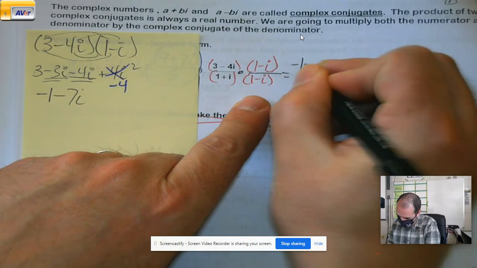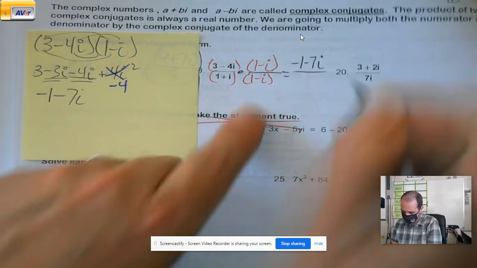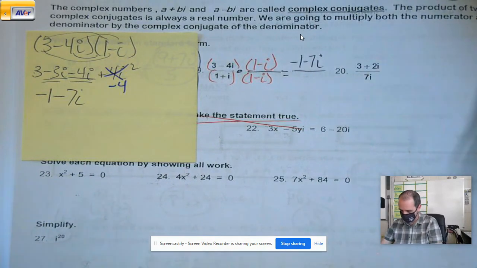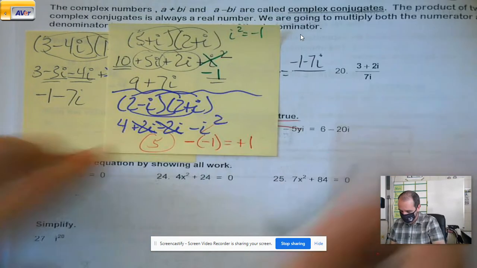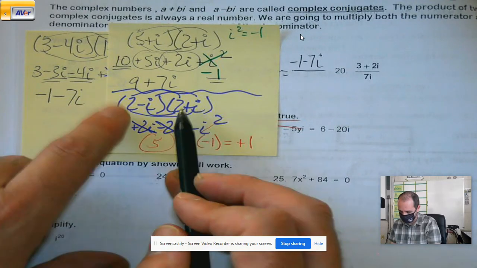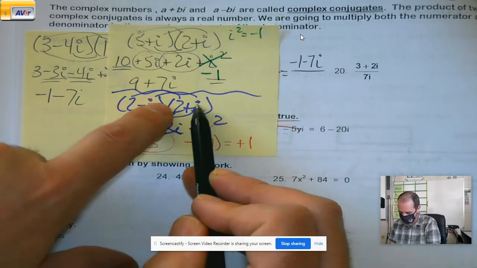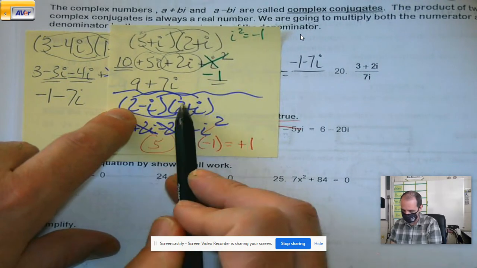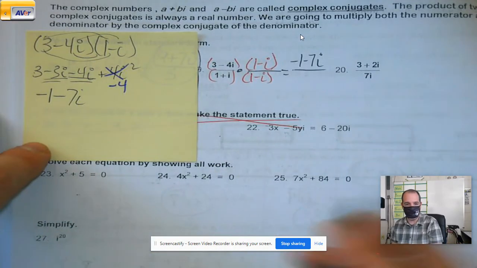So -1 minus 7i. And then my denominator, let me pull the old one back up for a second. Notice what was left after I did all my multiplying: the first terms and the last terms. So you're like, I really don't have to do the outer and the inner? Not really. It doesn't hurt if you do.